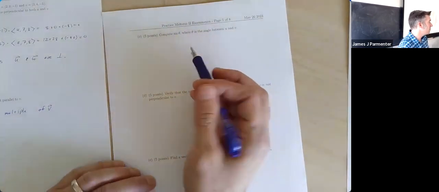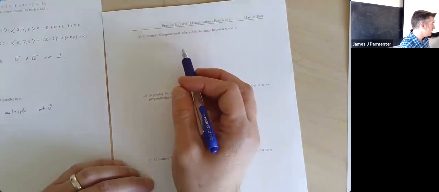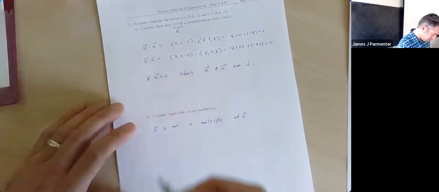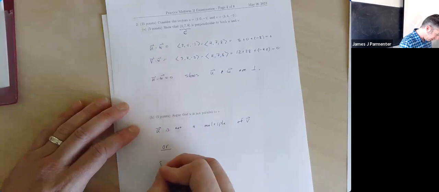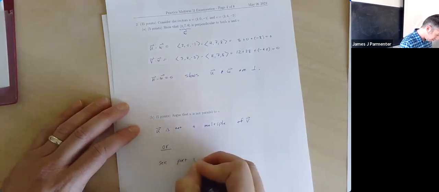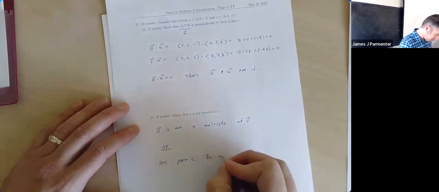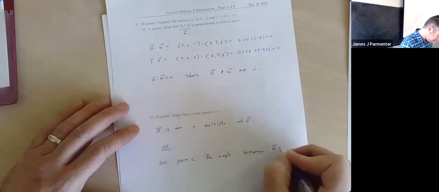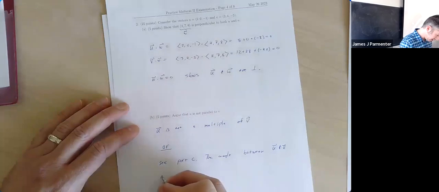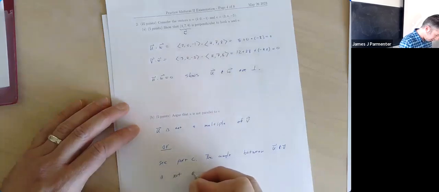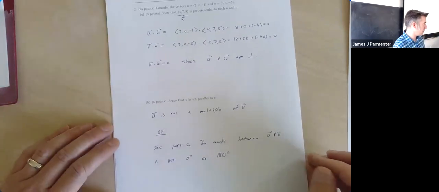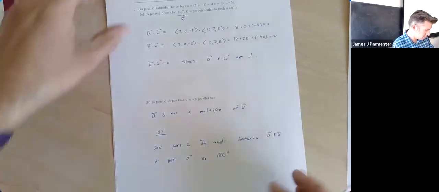Well, if the angle between u and v isn't 0, then those vectors aren't parallel to each other. So you could say u is not a multiple of v, or you could use part C. The angle between u and v, which we're about to find, is definitely not 0 degrees or 180 degrees. That's the only way that vectors can really be parallel to each other. Let's actually find it.